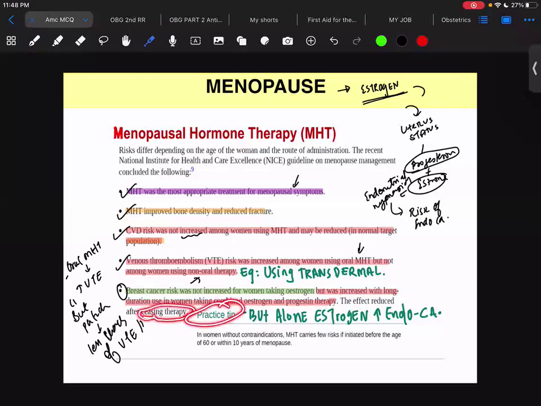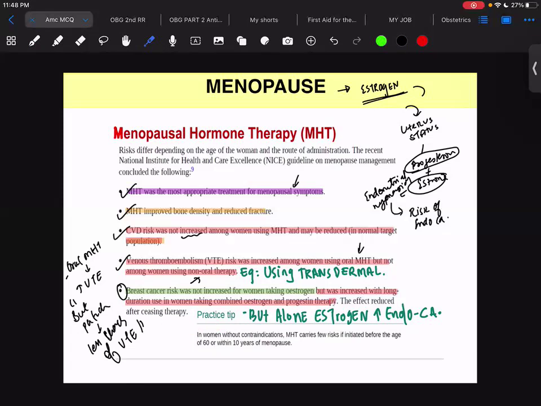So, what is the practice point? Estrogen alone does increase the risk of endometrial carcinoma, but for those taking estrogen alone, without taking estrogen plus progesterone as a long-term therapy, the risk of breast cancer was not increased. And what is the practice tip?